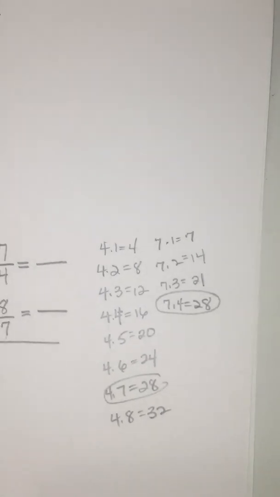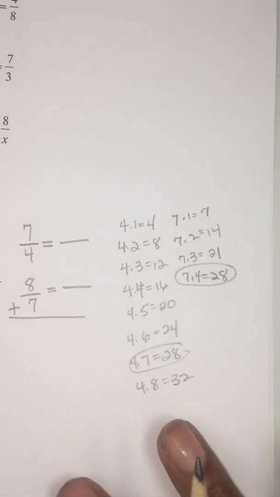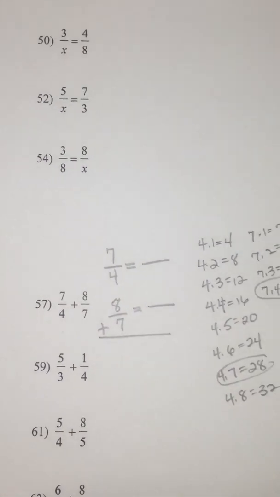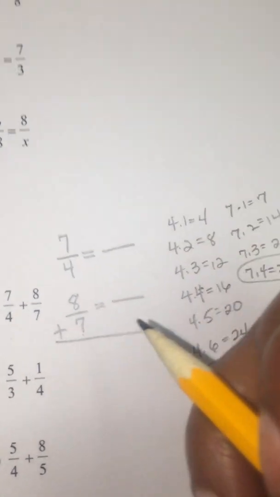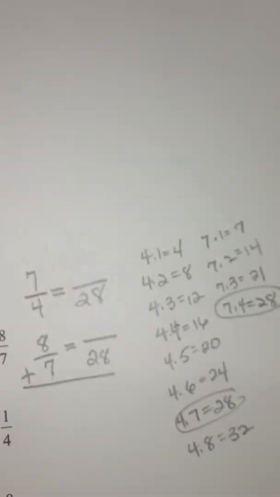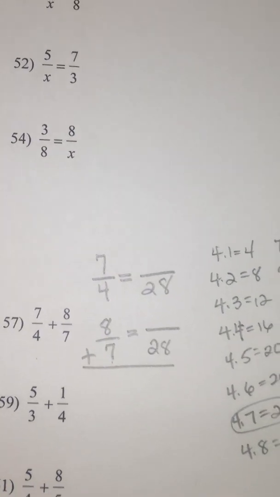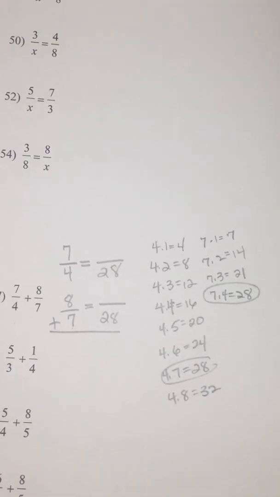All right, I can stop right here. I notice they have a common denominator of 28, and I get that from my timetables.